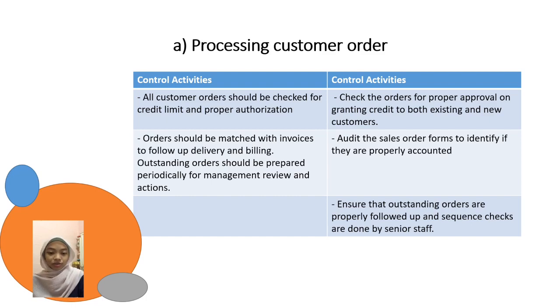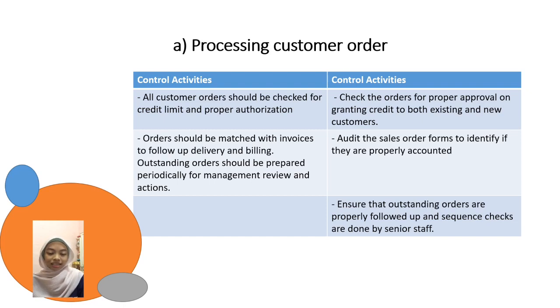Next, in the tests of control, an auditor may check the orders for proper approval on granting credit to both existing and new customers. This means the auditor may check the business documents for approval signatures, stamps, and others, which indicate that controls have been performed.